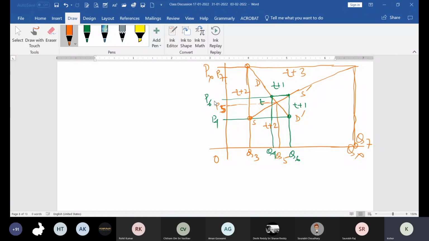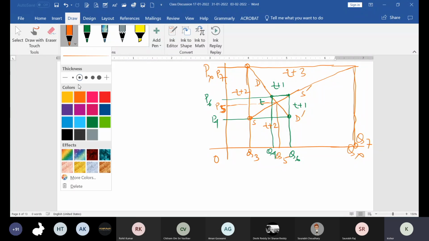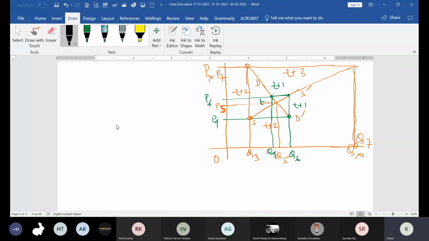So in that way, if you look at your movement, initially you move in this way, and in this way. You see your movement.